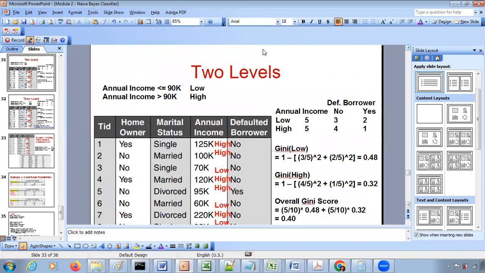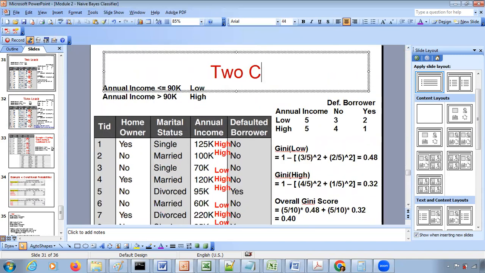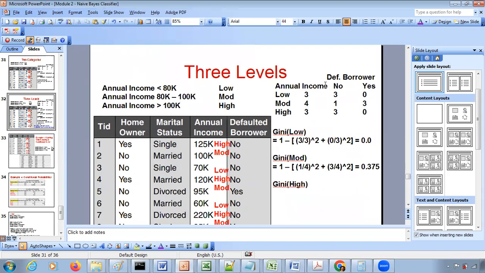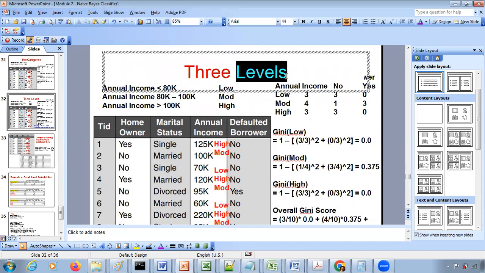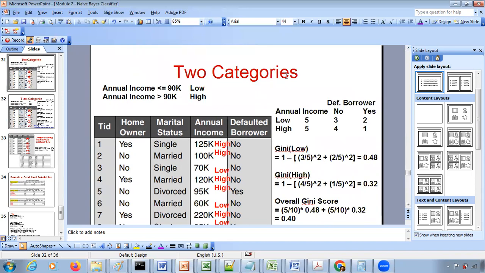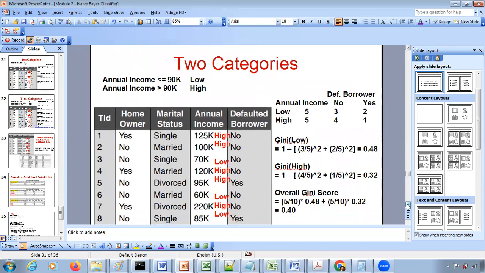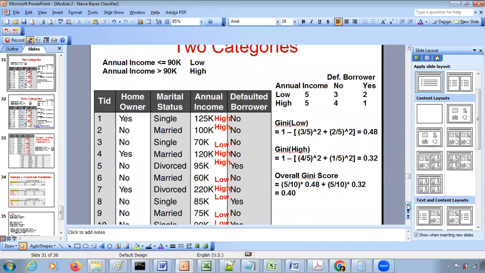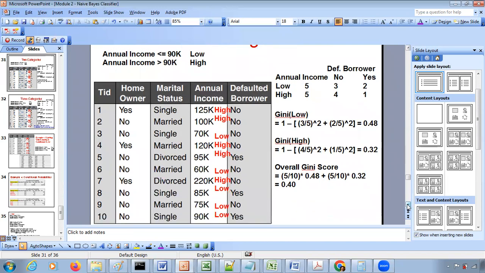Categories and levels mean the same, but since we are calling things categorical data, we'll use categories here. So that's what we're going to decide, whether we need 2 categories or 3 categories to capture this numerical data, annual income.